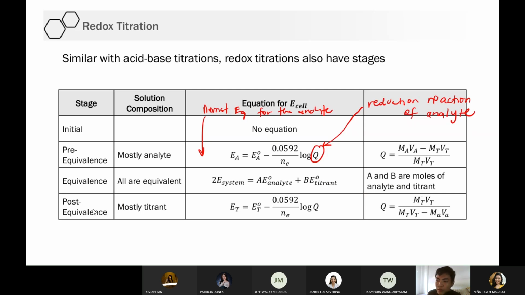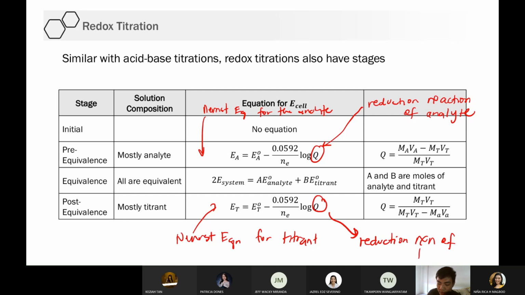For the post-equivalence point, this is the equation. Mostly our solution is composed of titrant. Therefore, we need to use the Nernst equation for the titrant. Again, the Q is the reduction reaction of the titrant.